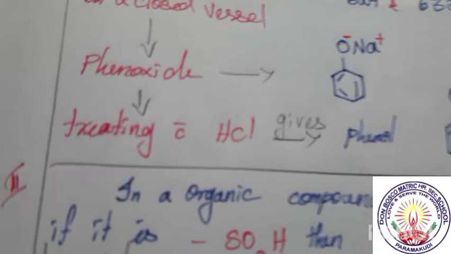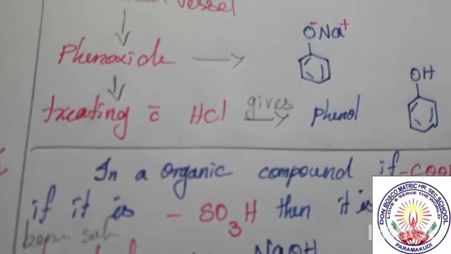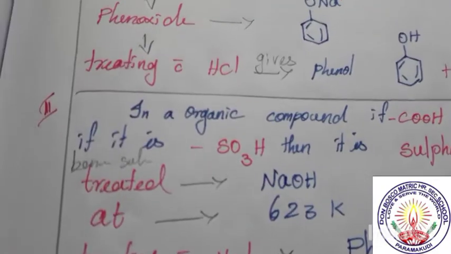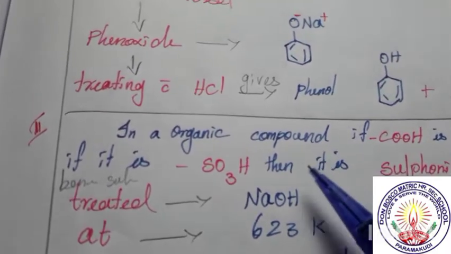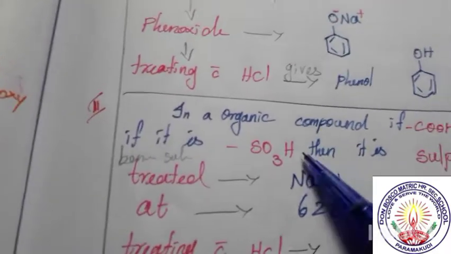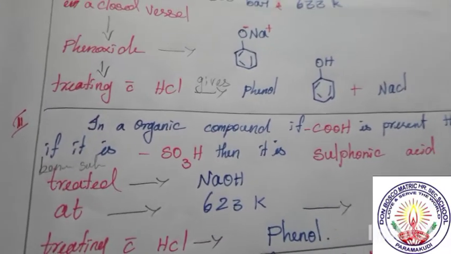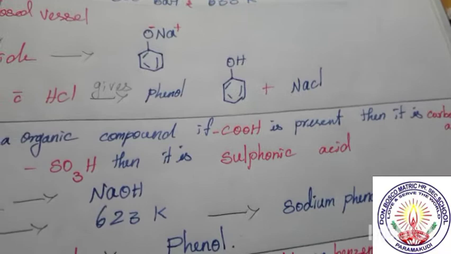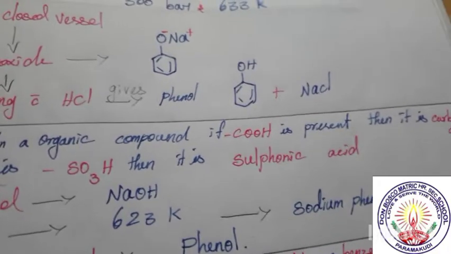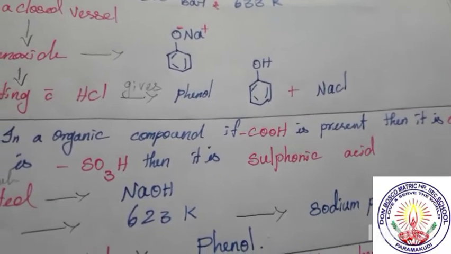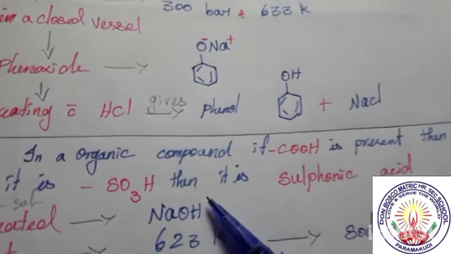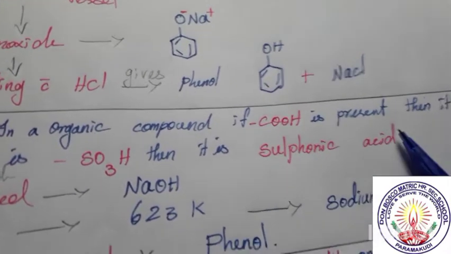The second method is from benzene sulfonic acid. We are preparing phenol from benzene sulfonic acid. In an organic compound, if COOH is present, then it is carboxylic acid. We know that when COOH is there, it is carboxylic acid. If SO3H is there, then it is sulfonic acid.